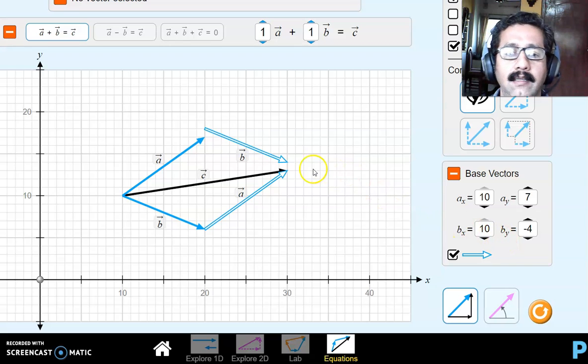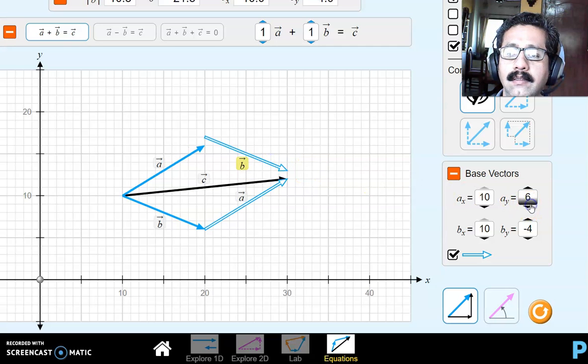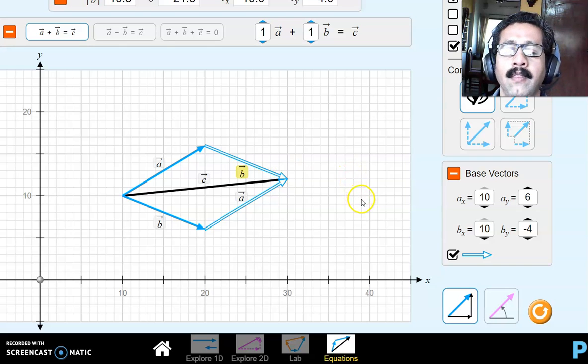Then in this case, I will observe that ax and bx, if they are added, give me 20. 6 minus 4 will give me 2. So it's going to be 20i plus 2j, which is supposed to be this resultant C.